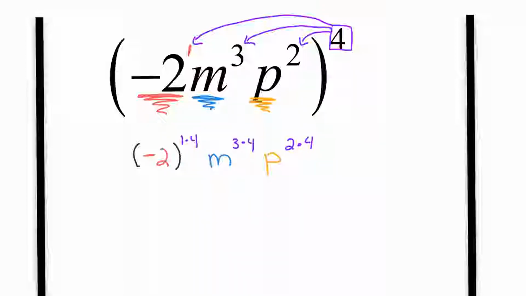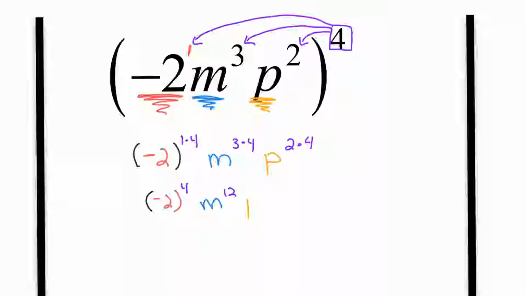Now, in my first video, I reminded you that when you are raising a number with a negative inside the parentheses to some power, you really have to be careful with the negative. So let me simplify these products on top as a fraction. We're going to have parentheses, -2 to the 4th power, and then m to the 12th power, because I multiplied 3 times 4, that's 12.